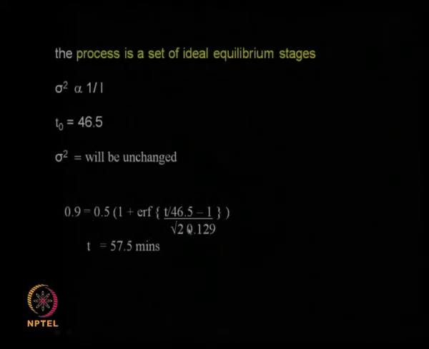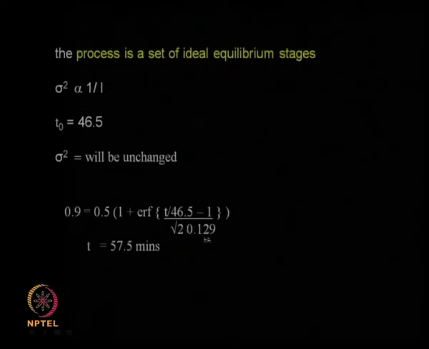So you take your old sigma, so the sigma is the same whatever the n number of stages, where n could be anything. Sigma remains unchanged here because sigma is only a function of L, it is not a function of the velocity.